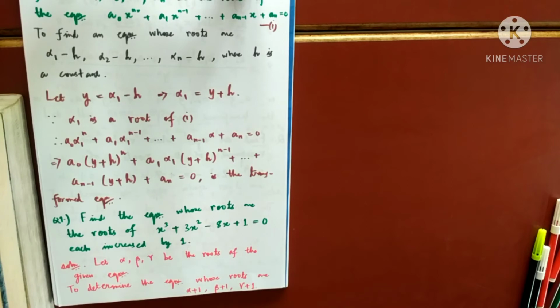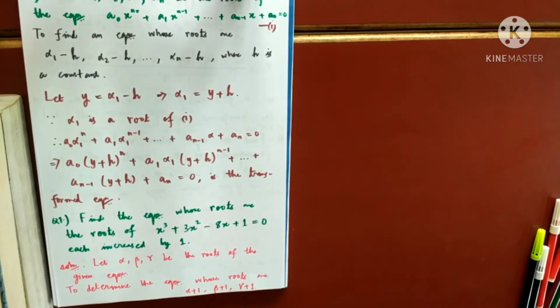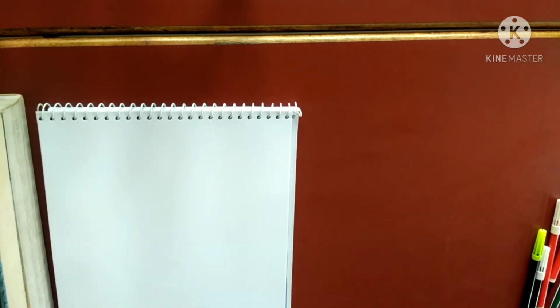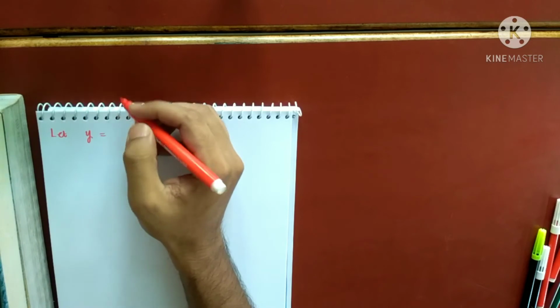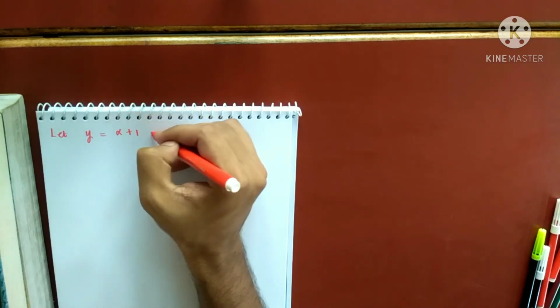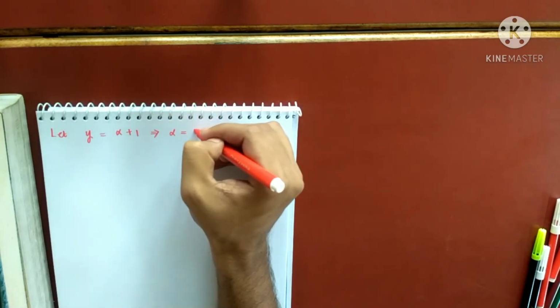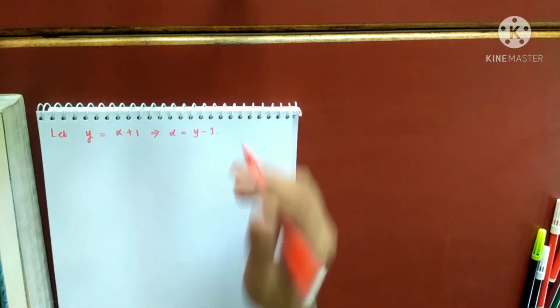So this is my target. What I will do, as already said, I will assume y as one of them. Suppose y equals alpha plus 1. From here, what will be alpha? Alpha will be y minus 1.